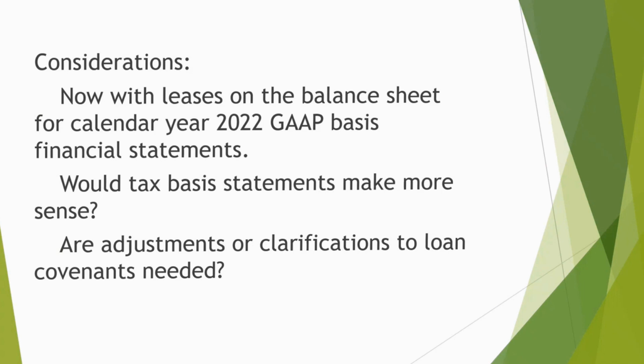Depreciation is going to be a little bit different, but most everything else is pretty consistent. Or, as mentioned, do we need to make some adjustments or clarifications to the loan covenants to make sure that this doesn't have any unforeseen consequences?